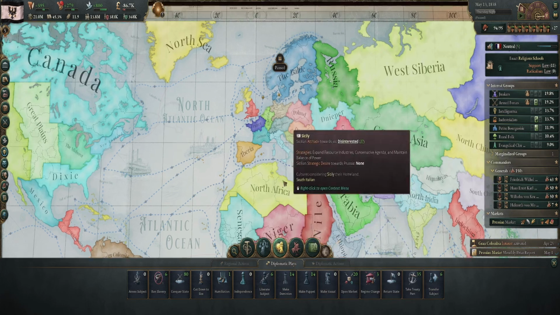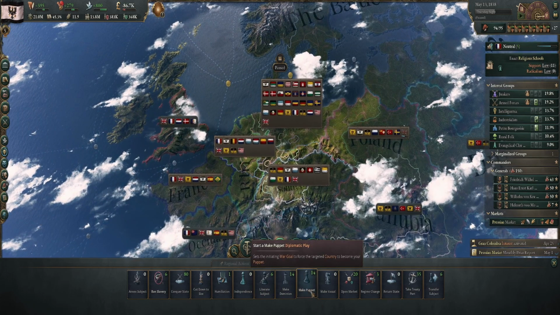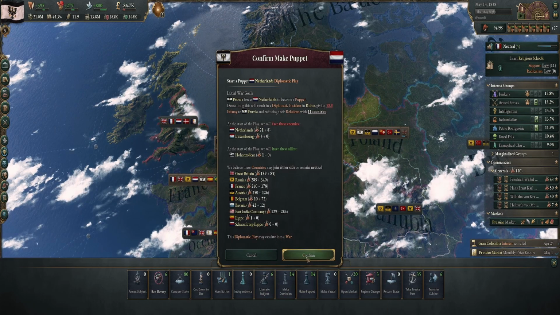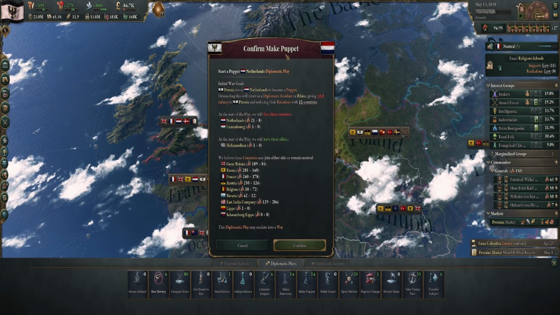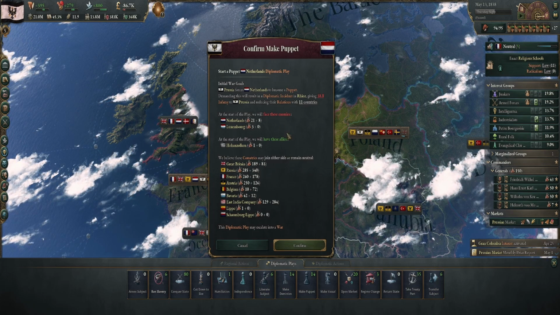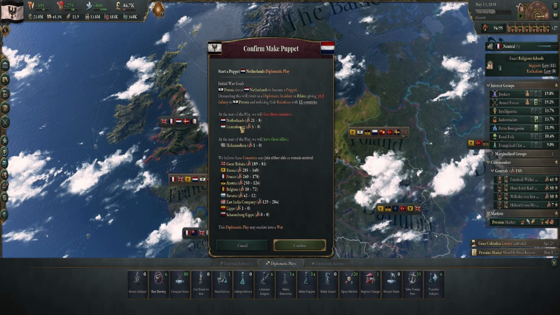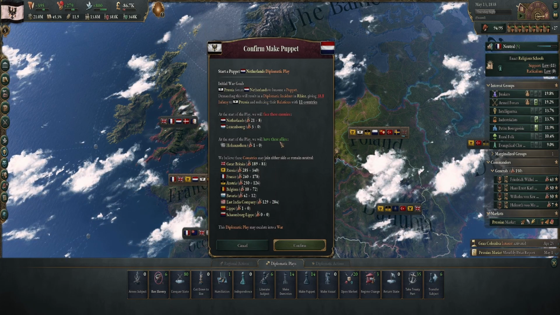Now in diplomatic plays, this is going to be very, very important. This is where you're going to make things happen, right? So let's say that I want to, I don't know, make Netherlands my puppet, right? And here you can see that you're going to get a screen saying, "Hey, are you sure you want this to happen?" You'd be like, "All right, yeah, sure, why not?" Then in this case, we're going to face Netherlands and Luxembourg because they're probably allies or something, right?